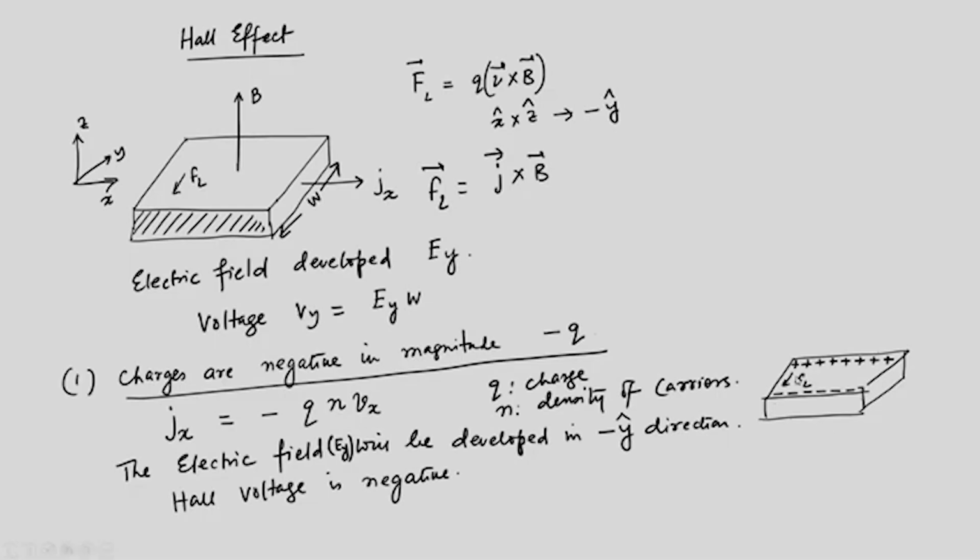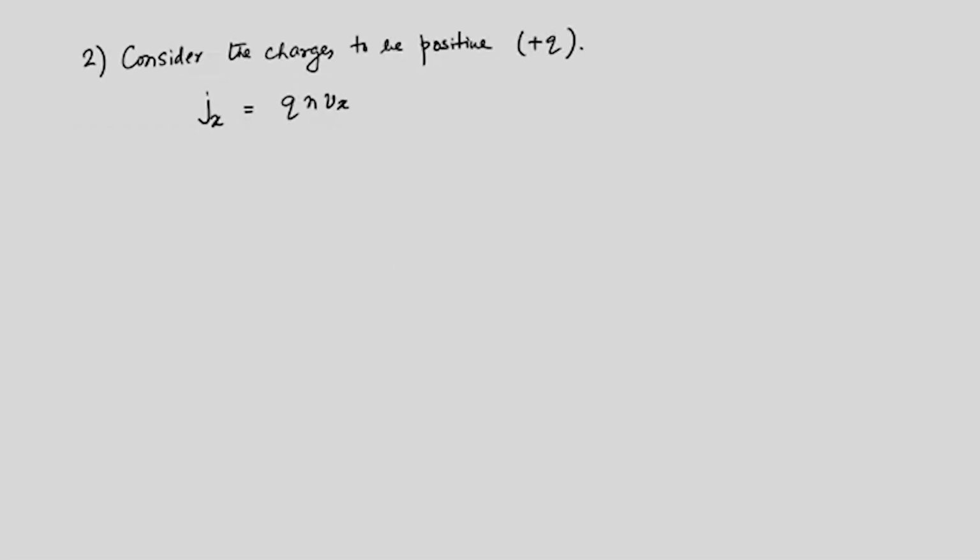Similarly, in this next case, when you have this Jx to be like this, then the electric field will be positive, in the plus y direction, and if that is in the plus y direction, the Hall voltage will also be positive. Okay.